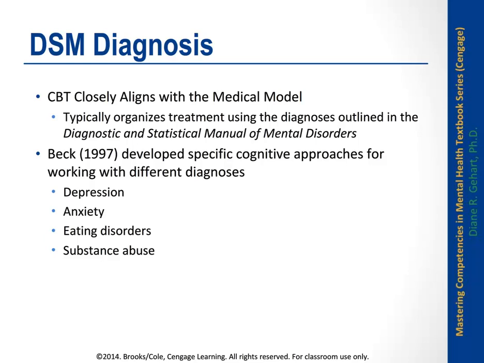So naturally, most of the evidence-based treatments, which are treatments designed for a specific problem, are CBT based because that is how the theory works. For example, Beck has developed several specific cognitive approaches for working with depression, anxiety, eating disorders, and substance abuse. It's very consistent within the approach to be developing almost like protocols for the various presenting problems.